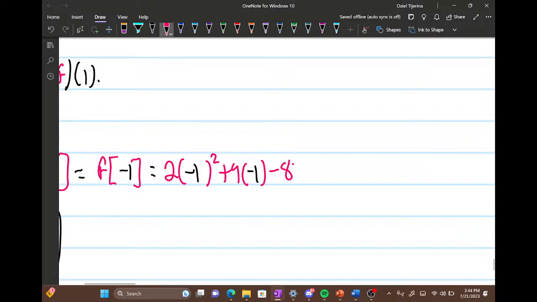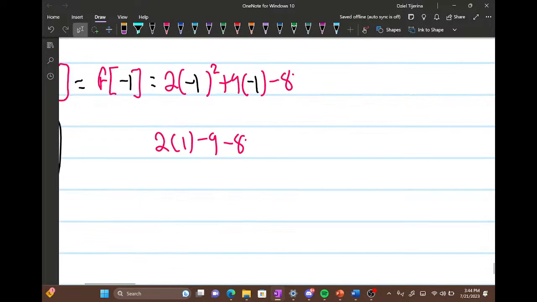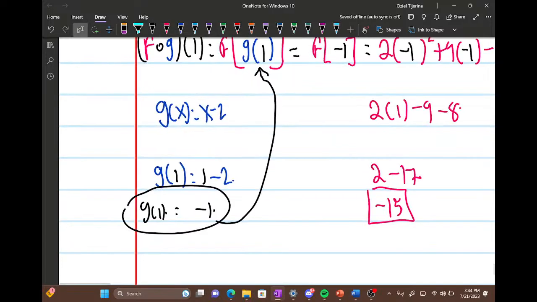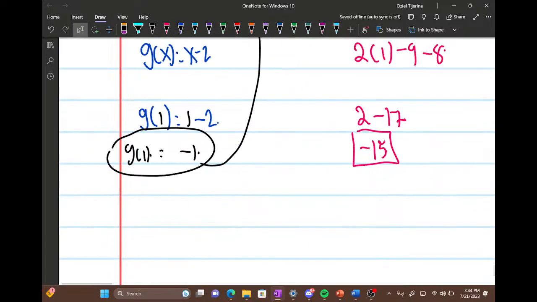So this is 2 times 1 minus 9 minus 8, which is 2 minus 17, which is negative 15. So I know that f of g of 1 is negative 15, so thus f composited of g of 1 is negative 15.